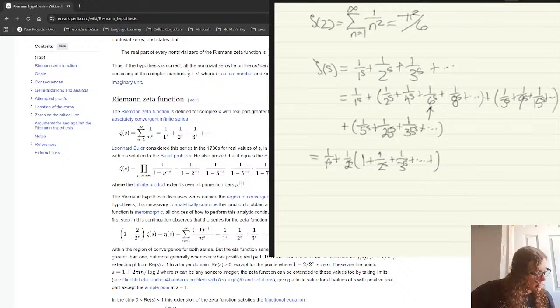But let's see. Okay, so this is kind of strange, because that's just our function again, the zeta.